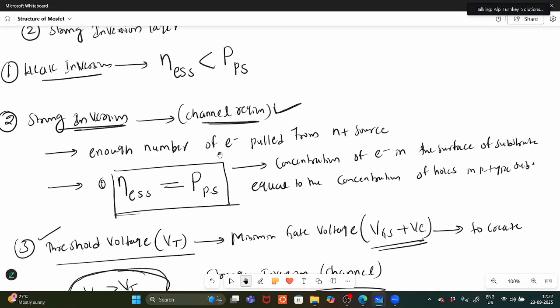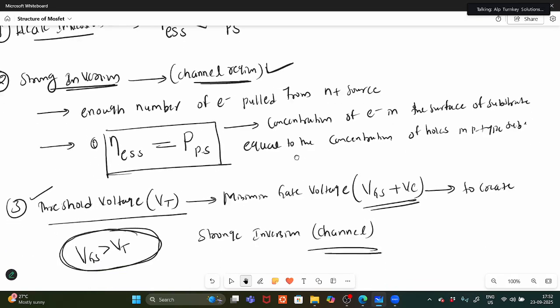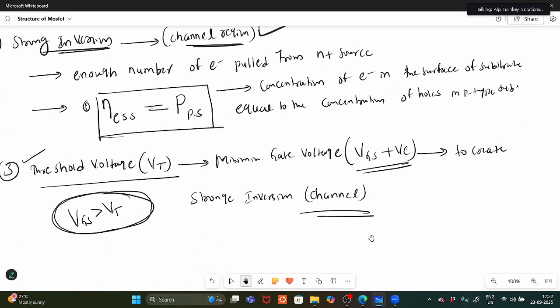And there is a threshold voltage. Threshold voltage is the minimum positive gate voltage we apply to create a strong inversion layer or channel. That is the threshold voltage.